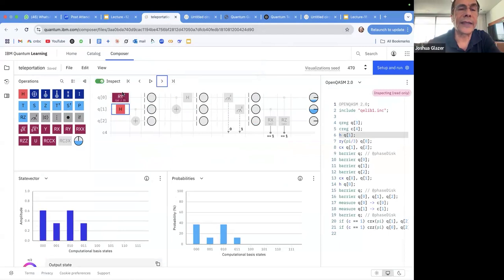So what I did now is I did this part. Let's look at what we have here. It's a little bit confusing, but don't worry, okay? Here we have Q2. Q2 is still 0 here, right? Because I didn't do anything to it. So Q2 is 0.